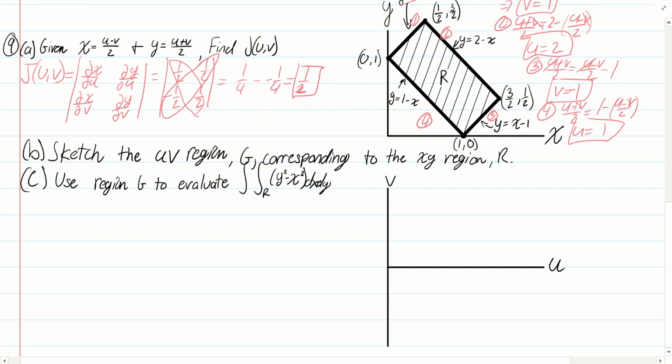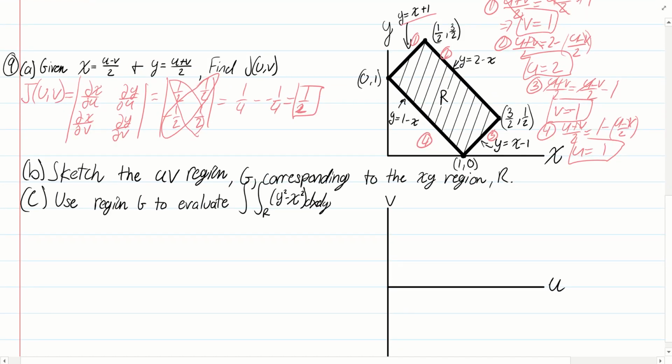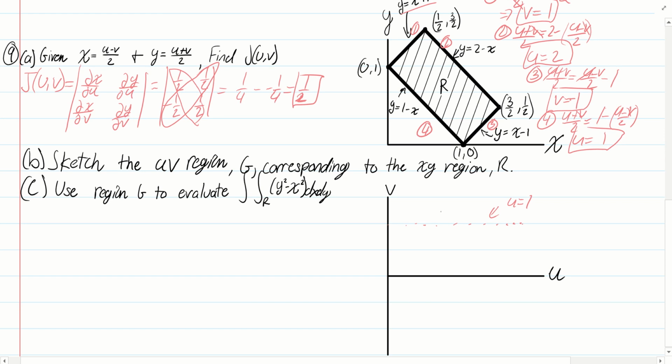So u equal to 1 is going to include this portion. If we have v equal to 1, this is going to include this portion. We have u equal to 2, which is going to include this portion.